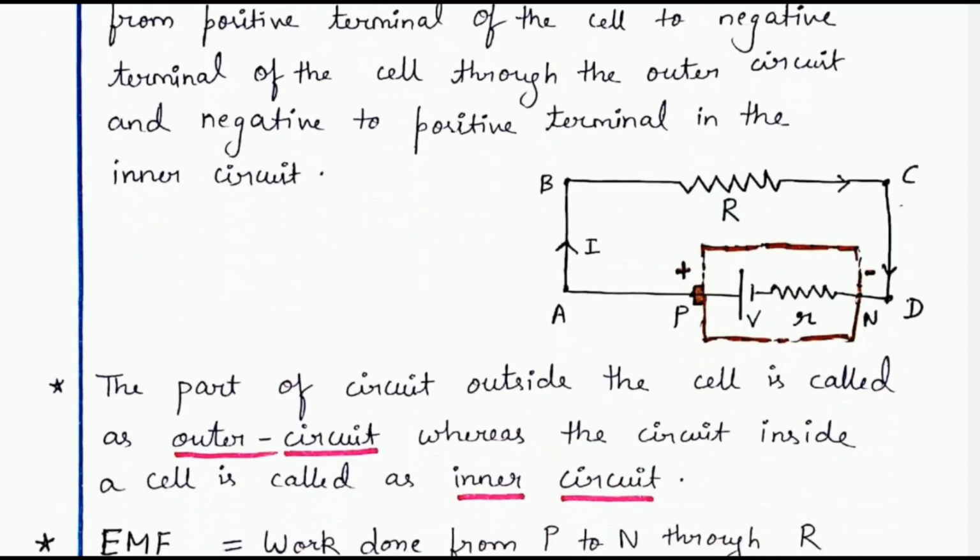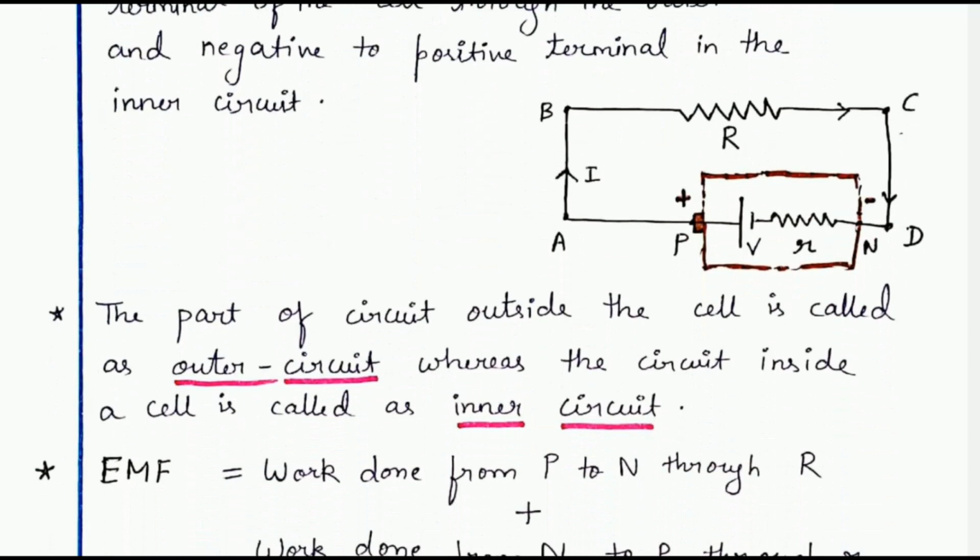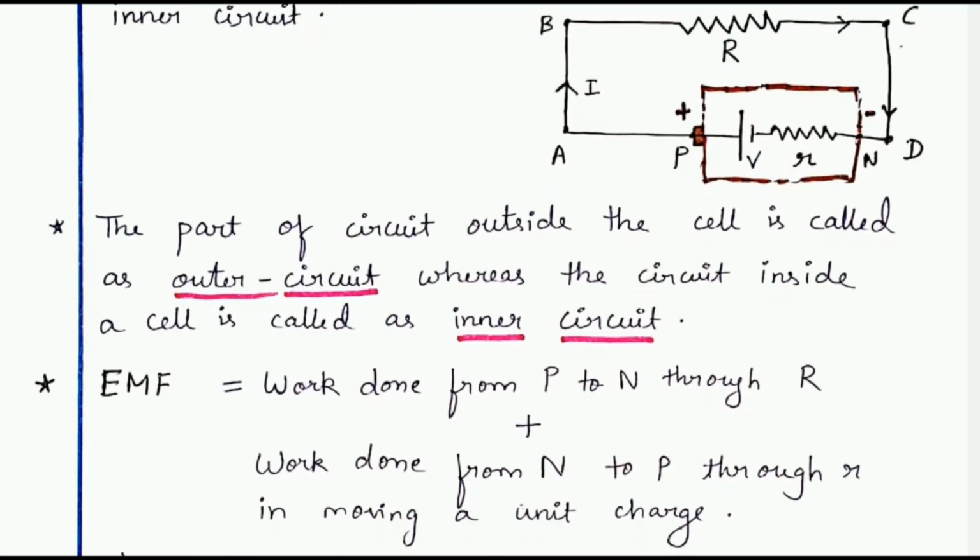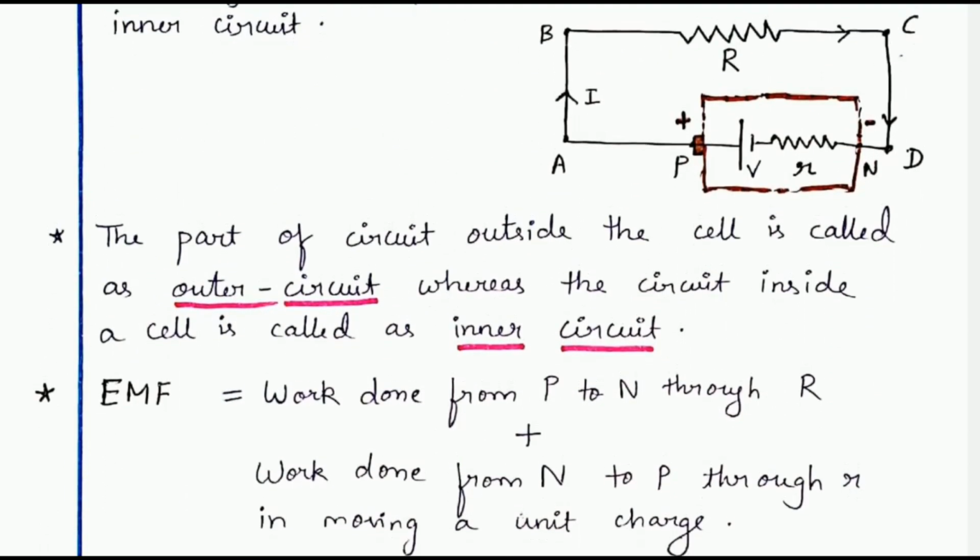Alright, so we have already discussed the outer circuit and inner circuit. Now let us derive a relation between E and V, that is EMF and terminal potential difference. As we have discussed, EMF is the work done from P to N through the outer circuit plus N to P through the inner circuit.